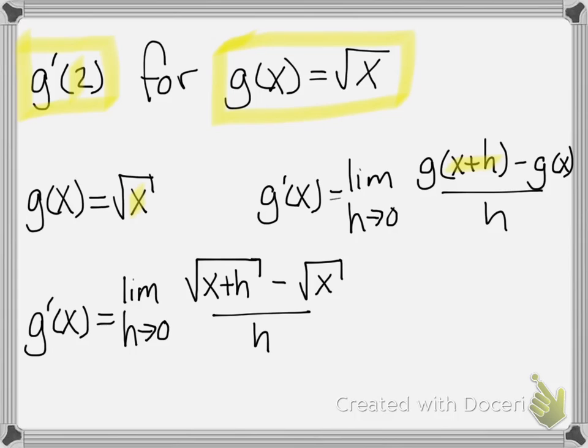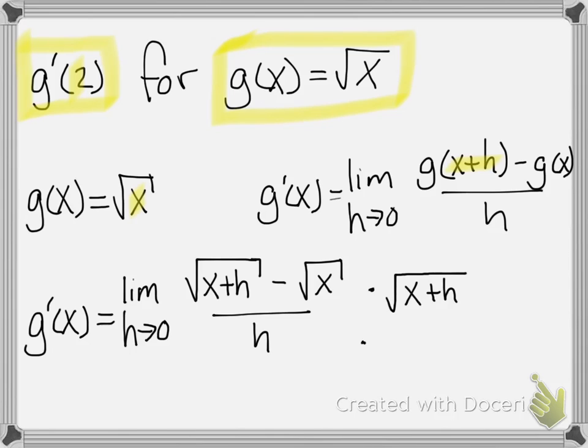But if we go through and we multiply by the conjugate, the top and bottom, since what we do to one we have to do to the other, so that way it's technically the same thing as multiplying it by 1, we can get this to where we can work with it a little bit.